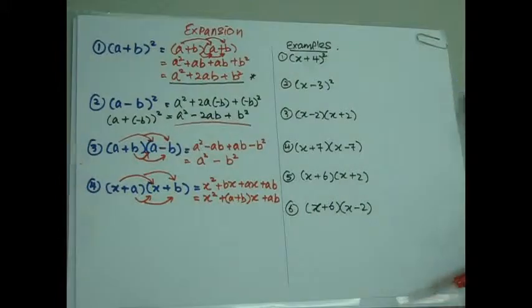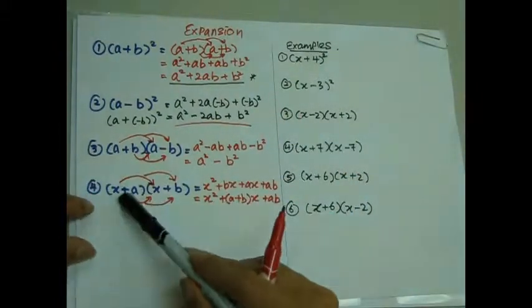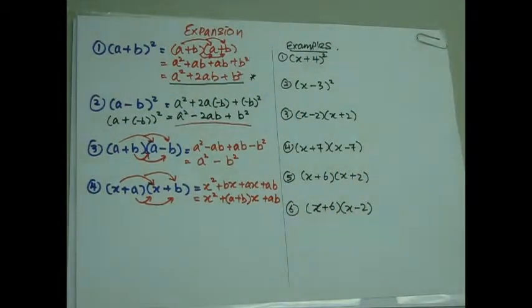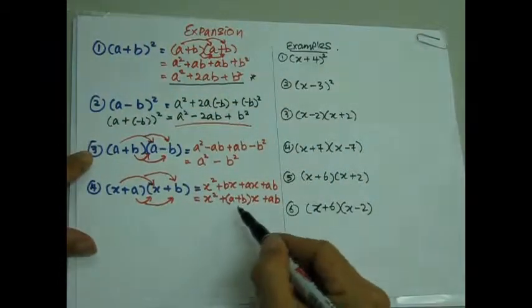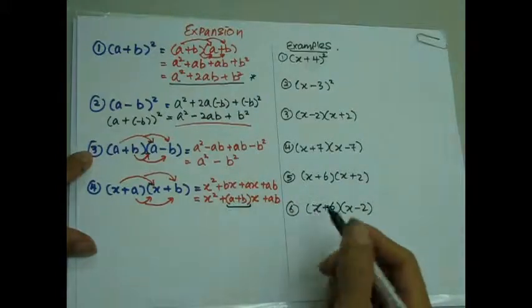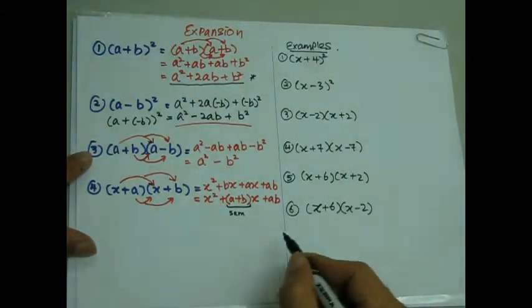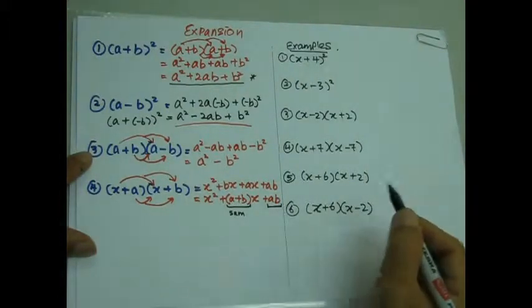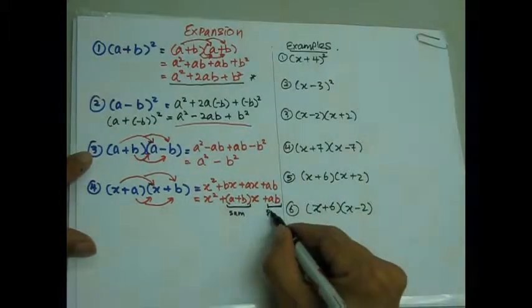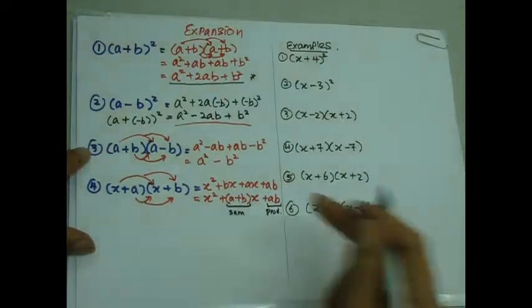You can see that when you have (x + a) times (x + b), the coefficient of the second term is just the sum of a plus b, and the third term, which is the constant, is the product of a and b.